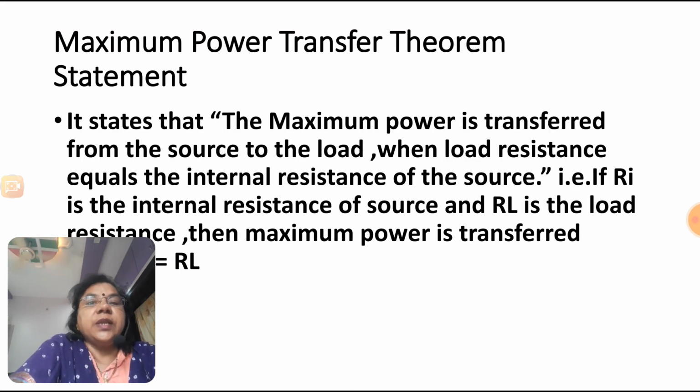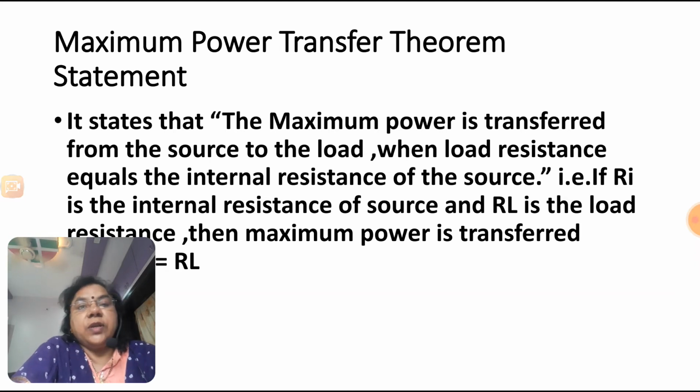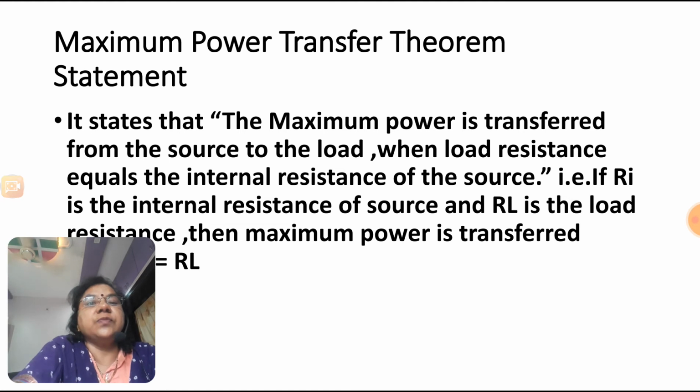It states that maximum power is transferred from the source to the load when the load resistance equals the internal resistance of the source. That means the value of the load resistance of the network to which the power is transferred should be equal to the resistance of the network from which the power is transferred. Then only it is possible.